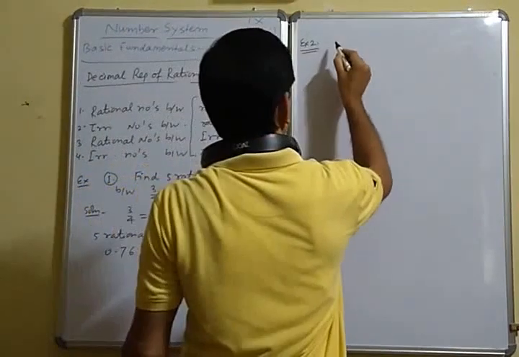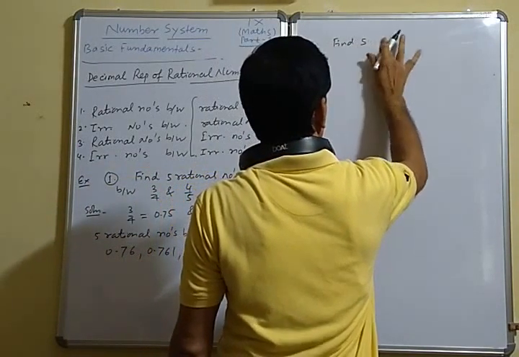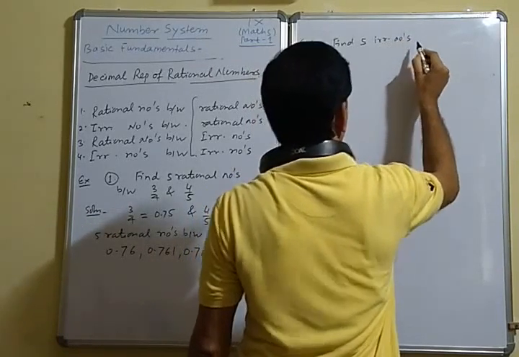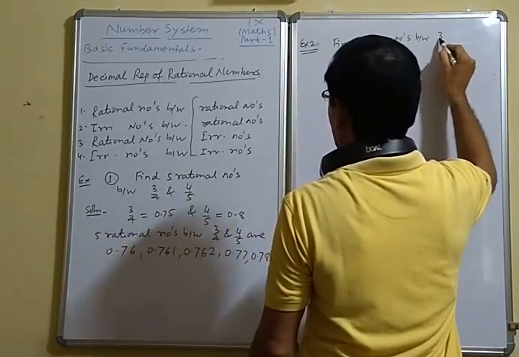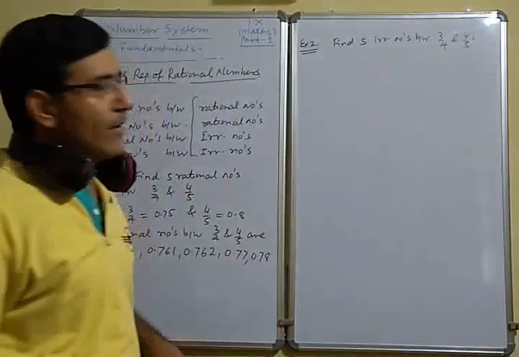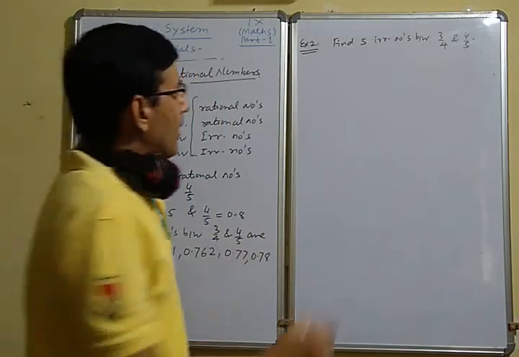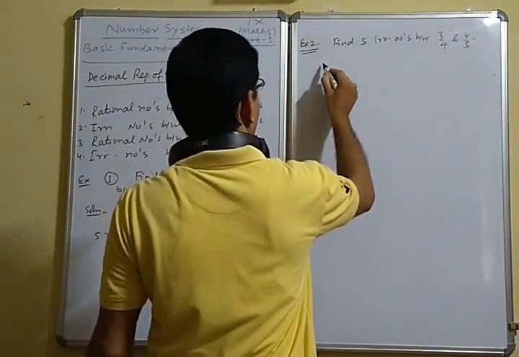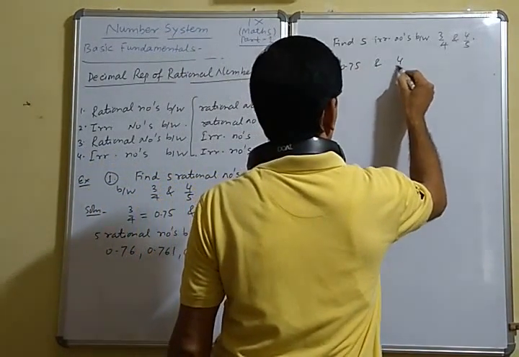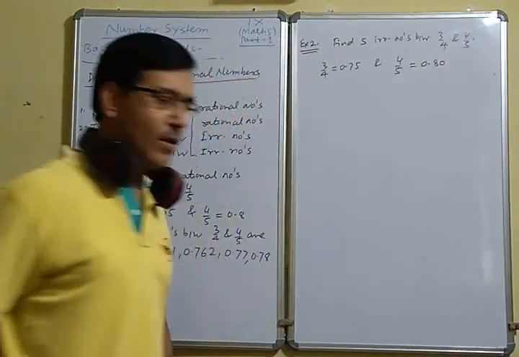Find five irrational numbers between 3 by 4 and 4 by 5. 3 by 4 is 0.75 and 4 by 5 is 0.80.